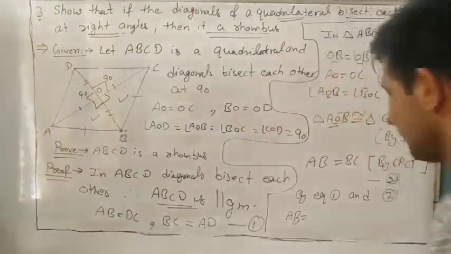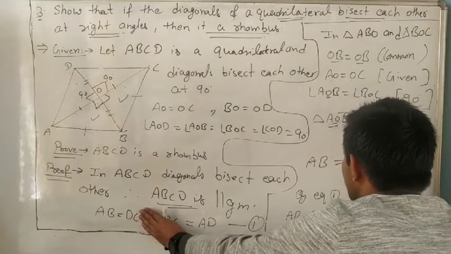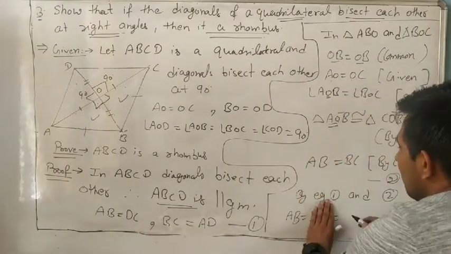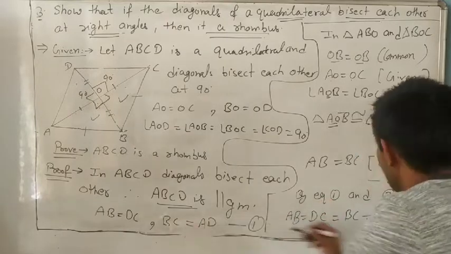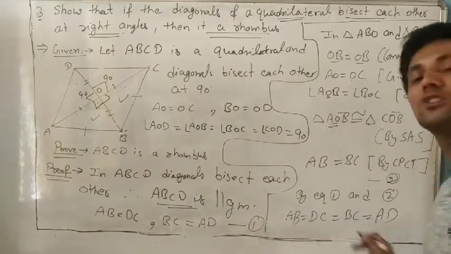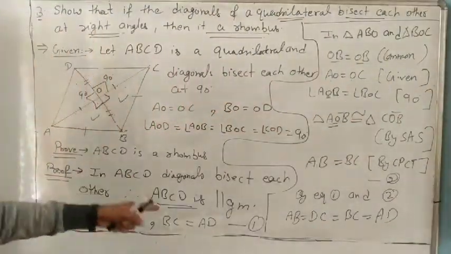So you can write AB equal to DC, AB is also equal to BC, and BC equal to AD. So it means all sides are equal. It is a parallelogram, it is a rhombus.